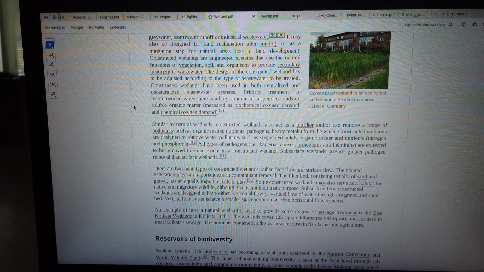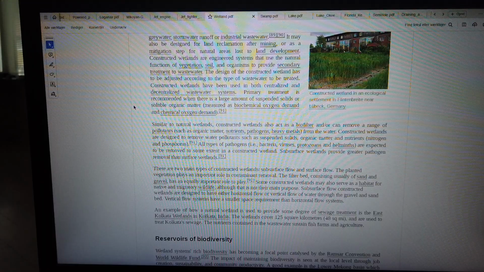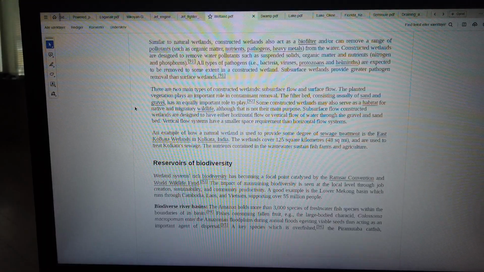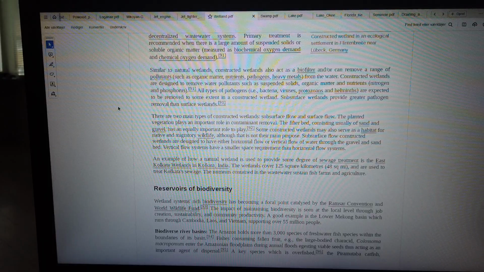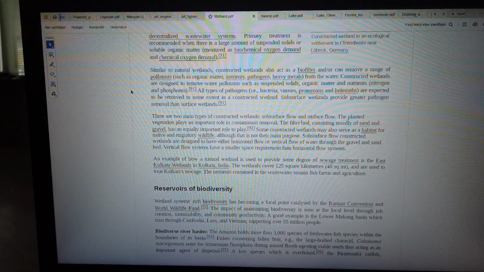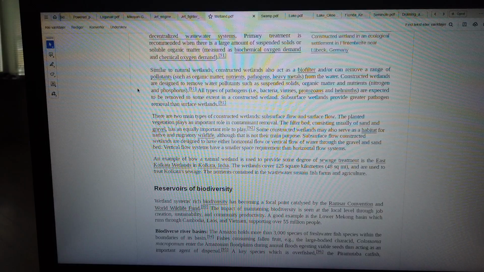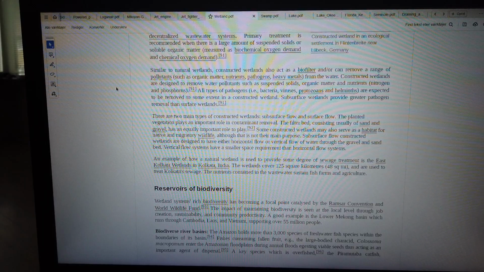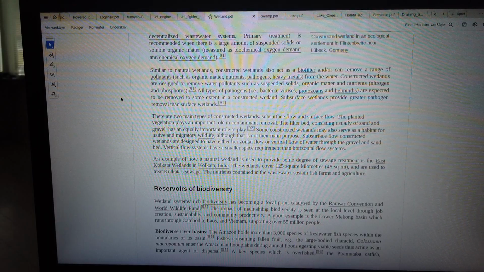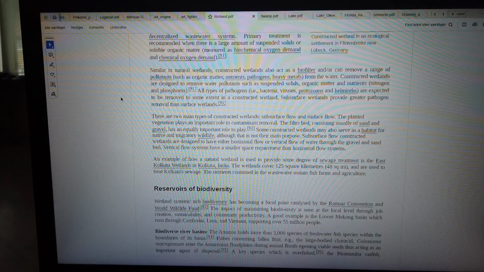Similar to natural wetlands, constructed wetlands also act as a biofilter and can remove a range of pollutants, such as organic matter, nutrients, pathogens, heavy metals, from the water. Constructed wetlands are designed to remove water pollutants such as suspended solids, organic matter and nutrients, nitrogen and phosphorus.